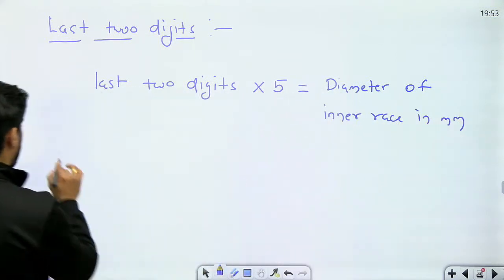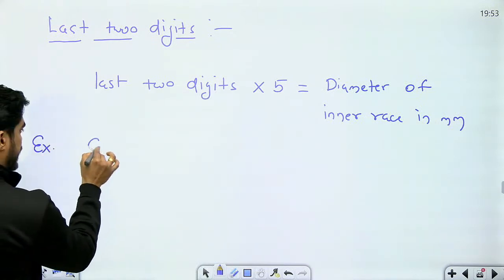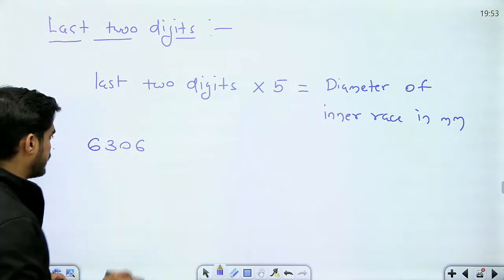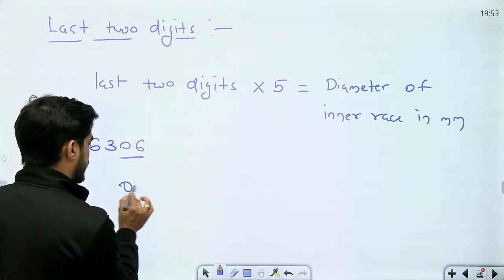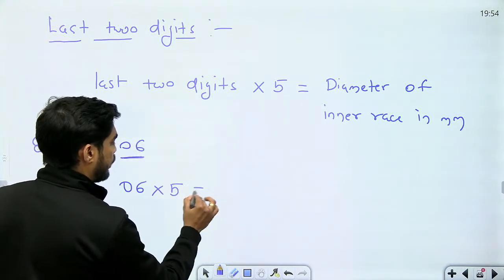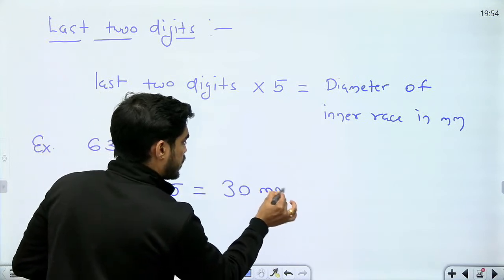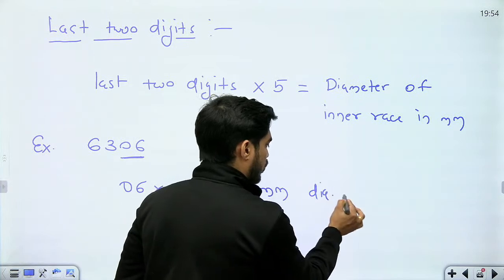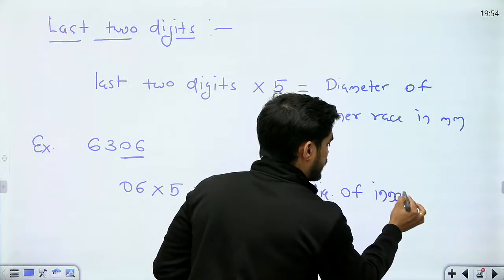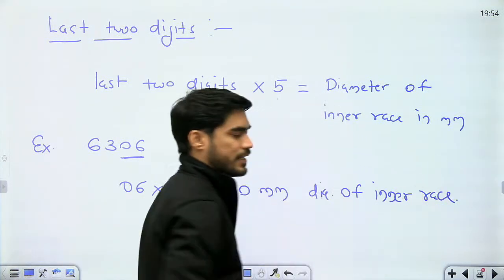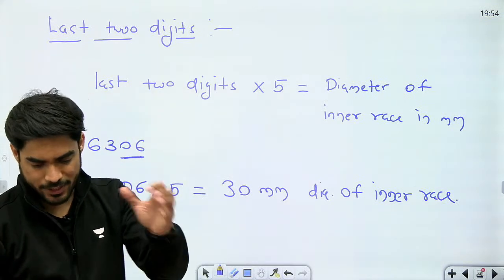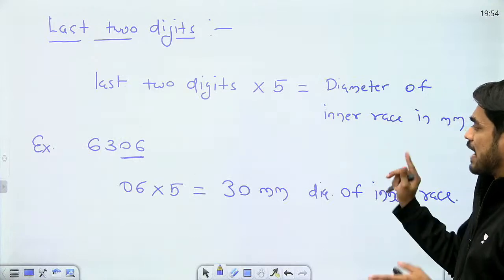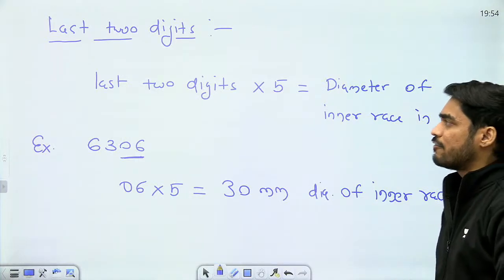For example, let's say there is 6306 bearing. So beta, these last two digits mean 06 multiplied by 5. 30 mm is the diameter of inner race. So do you understand how you are going to get the diameter of the inner race? Last two digits multiplied by 5 will give you the diameter of inner race.